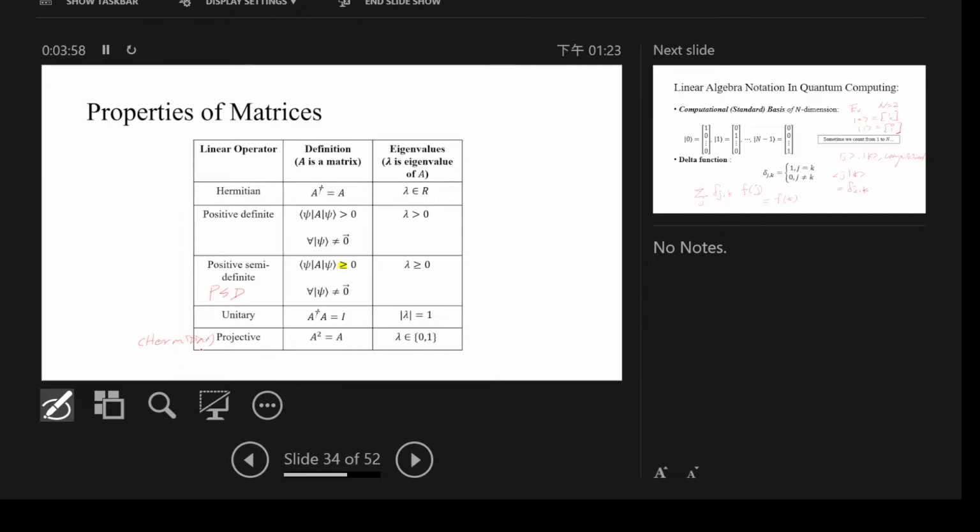And because they are all normal matrices, they are unitarily diagonalizable, and we can characterize their properties by looking at their eigenvalues. So Hermitian means eigenvalues are real, positive semi-definite means eigenvalues are non-negative, unitary means eigenvalues have norm 1, and projective means eigenvalues are either 0 or 1.